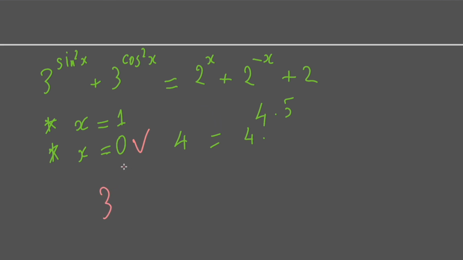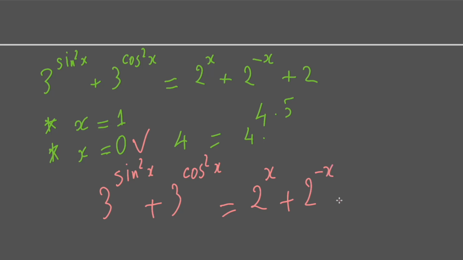We can do a simple thing: 3 power of sine square x plus 3 power of cosine square x equal to 2 power of x plus 2 power of negative x plus 2.